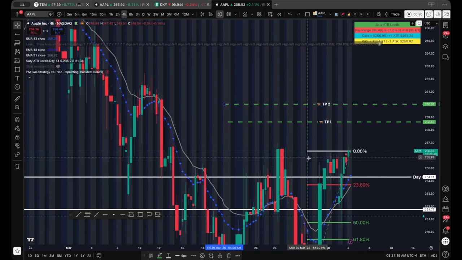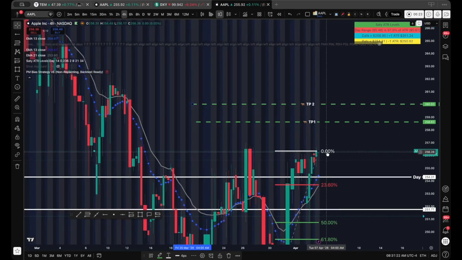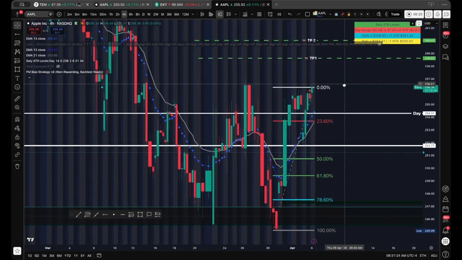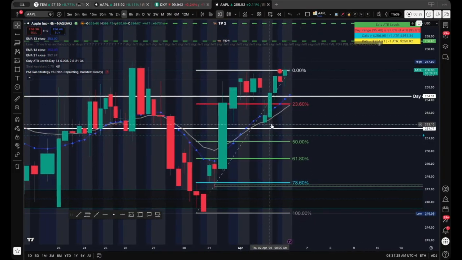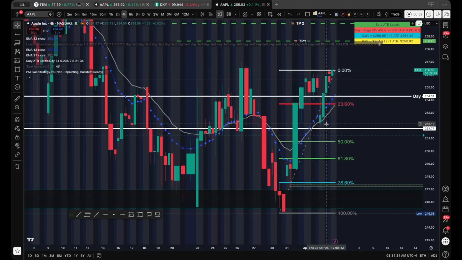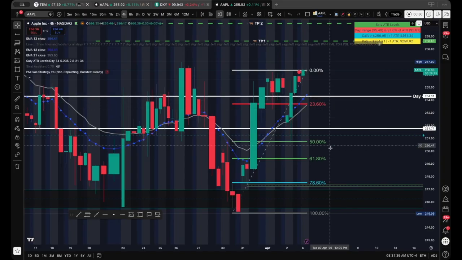So if price comes back down, which I think it will, even though it's crossing and going up, I think it's going to go back down. And if it does, I have it at this line at 251.